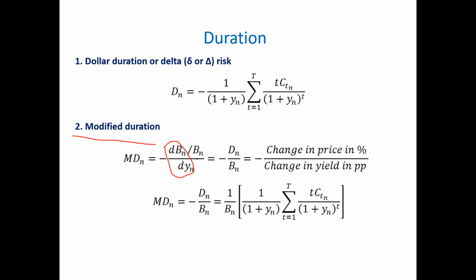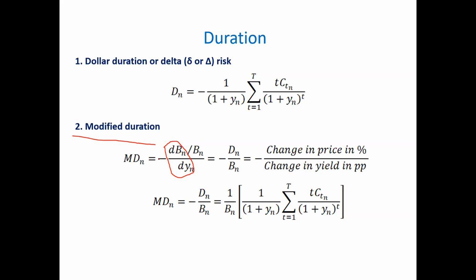What we do, we simply divide by the current price, the original price of the bond. So essentially, we express a change in the bond's price relative to the original price. So we represent this change in relative terms or in percentage terms. So this is the first modification which we introduce.